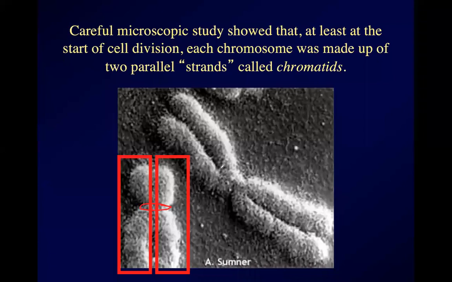And here in this other chromosome, you can see this is one chromatid, there's the other chromatid, and they're joined together at the central spot called the centromere. So that's just a recap of what we covered yesterday.